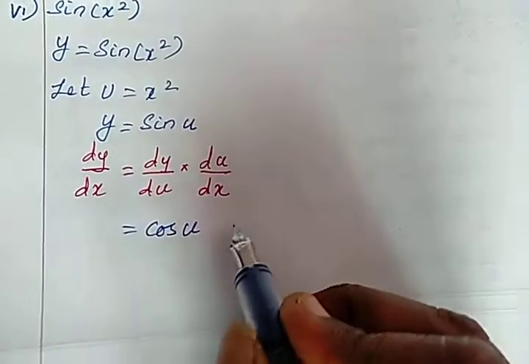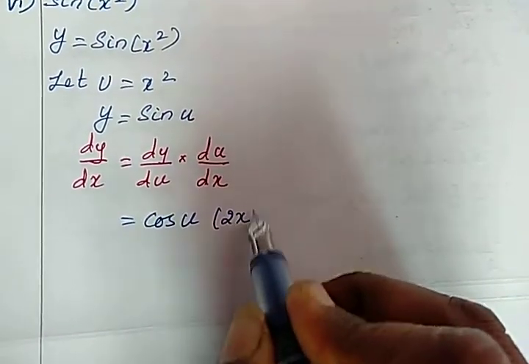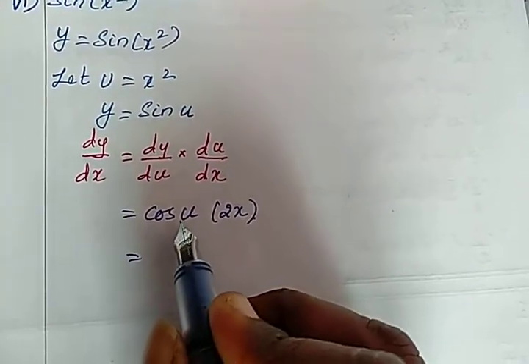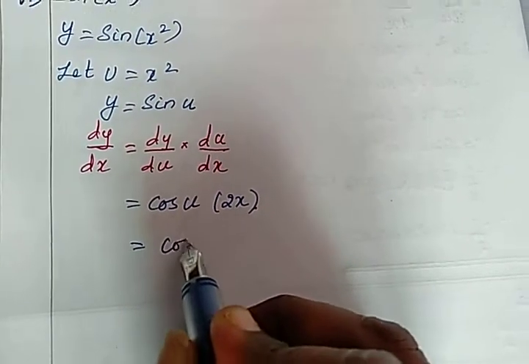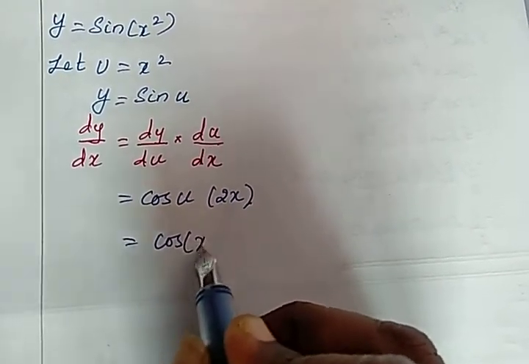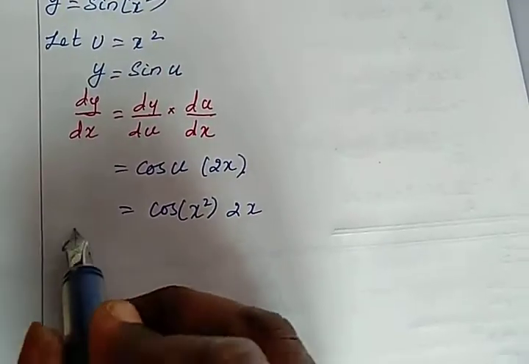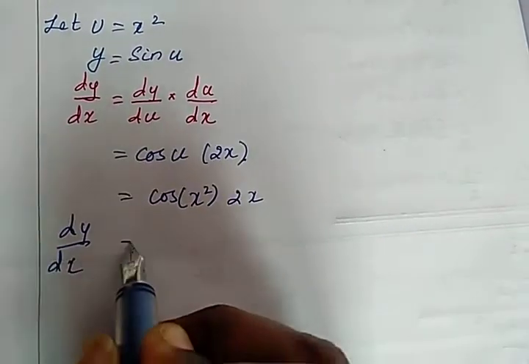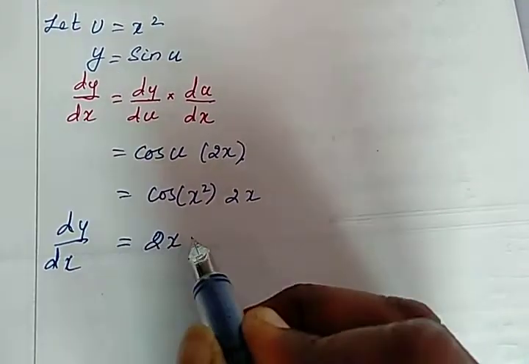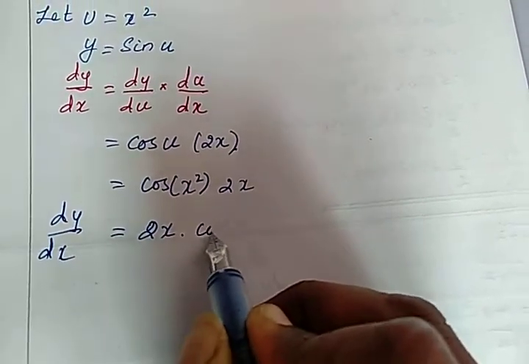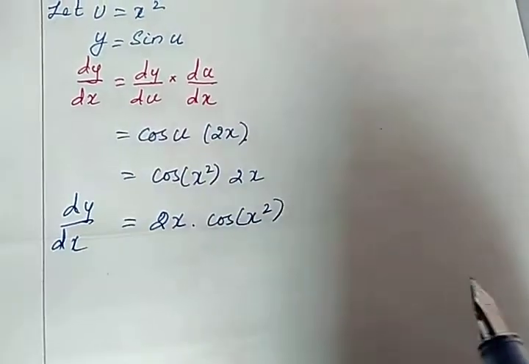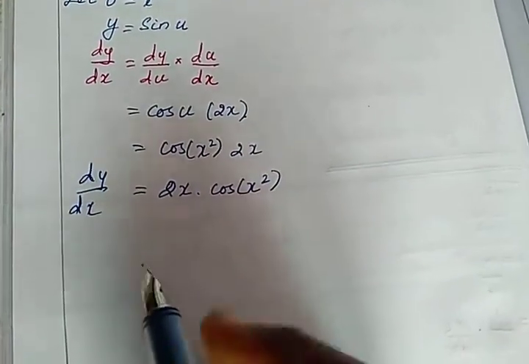When you differentiate x squared, you will get 2x. Now, substitute x squared instead of u: cos of x squared into 2x. Rearrange and write. Your dy by dx will be 2x into cos of x squared. That's all about sum number 6.